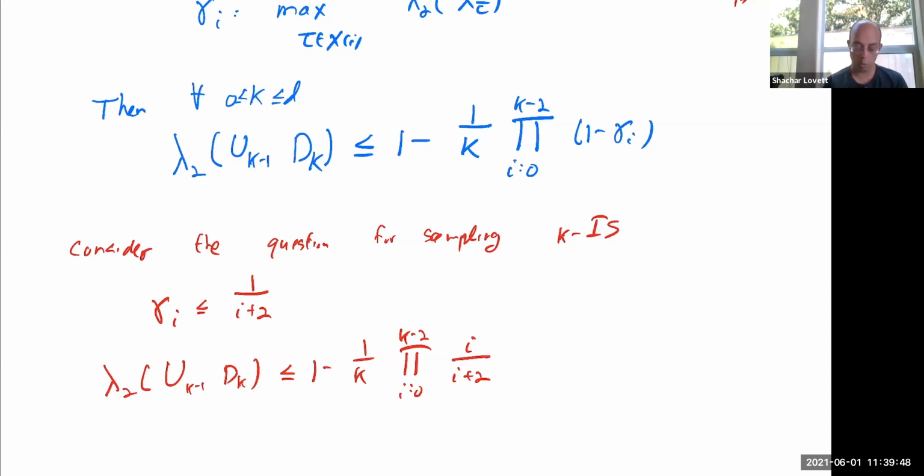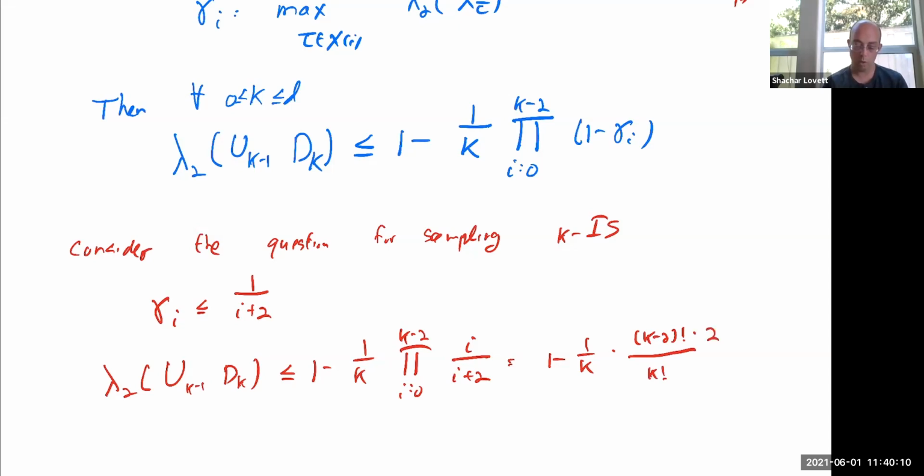So what are we going to get here? Well, the top part is going to be 1 minus 1 over k. The top part is going to be k minus 2 factorial. And the bottom part will be everything starting from 2 up to k factorial. So it's going to be k factorial, but we start at 2, so we drop the factor of 2 here.